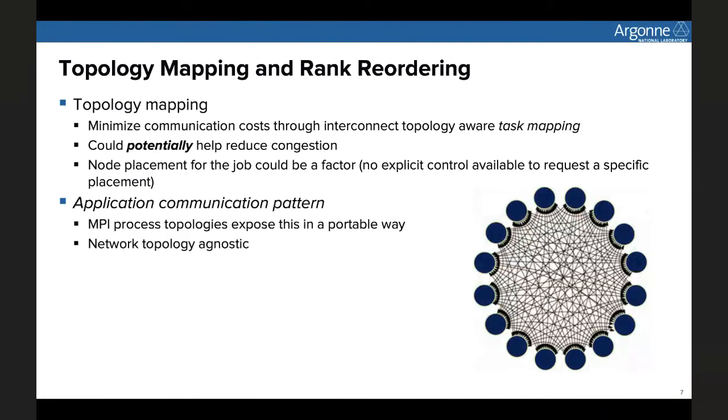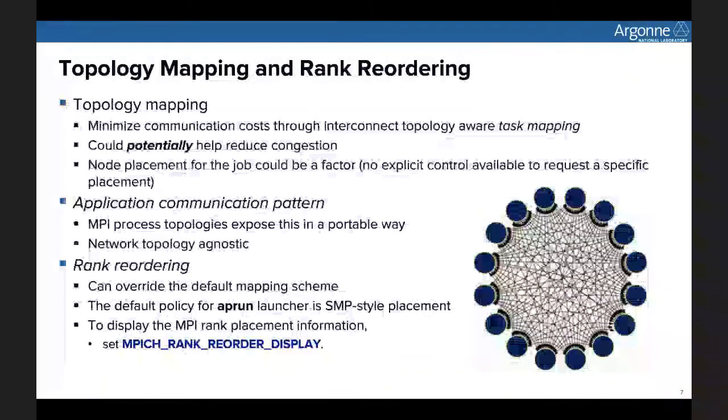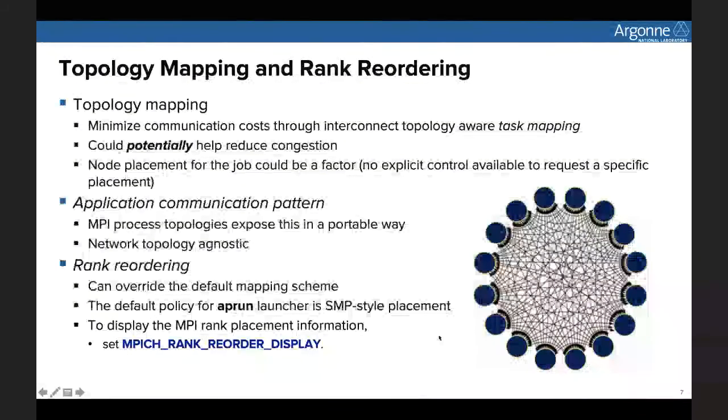The MPI process topologies like graph and Cartesian topologies expose this in a portable way, but they are not specific to any network topology. They are designed to be network topology agnostic. With the rank reordering, by exercising this option, you can override the default mapping scheme. The default policy for the aprun launcher is SMP style placement.